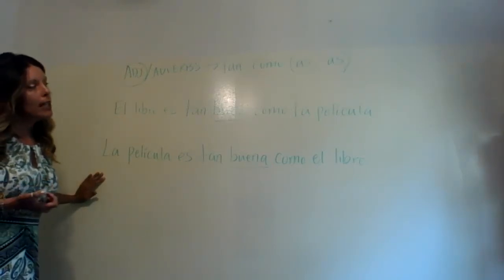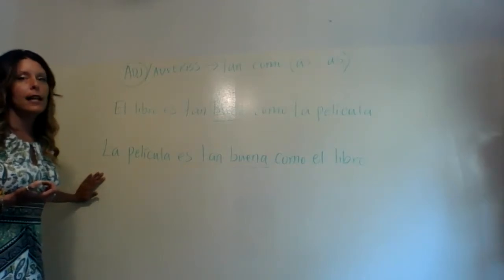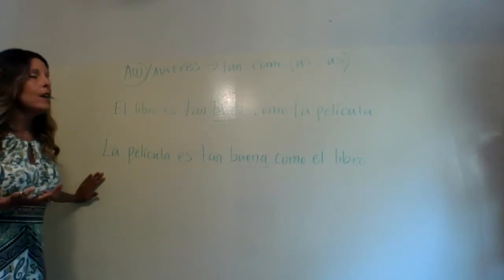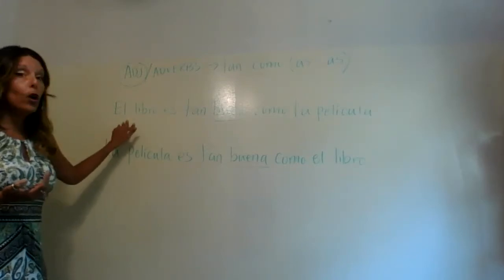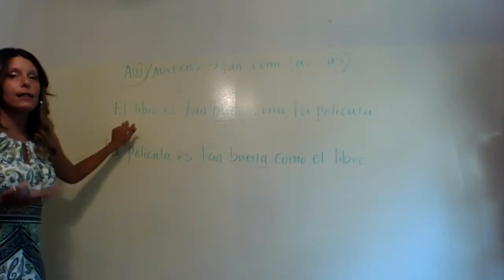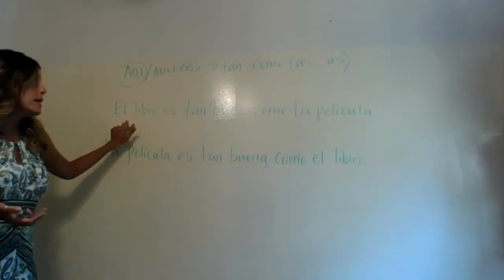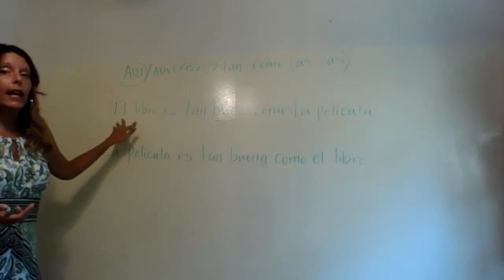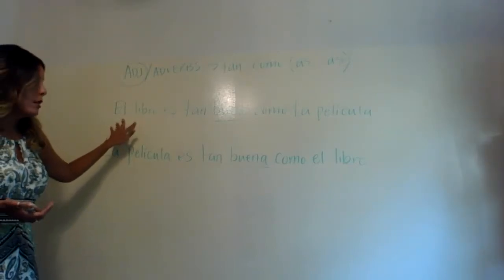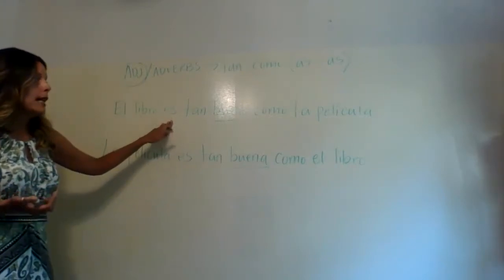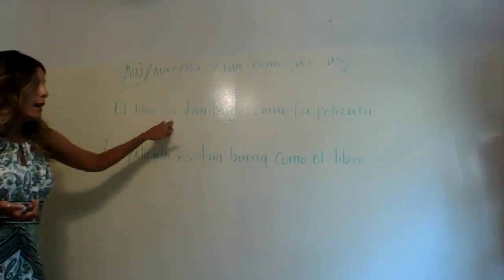So then the only thing that we need to do to work with adjectives and comparisons of equality would be to pluralize them. So if I wanted to say the books are as good as the movies, obviously this would be los libros. Our es would change to son, los libros son.